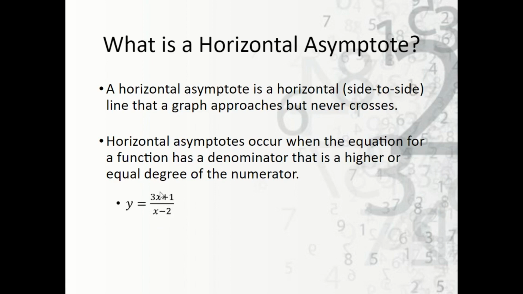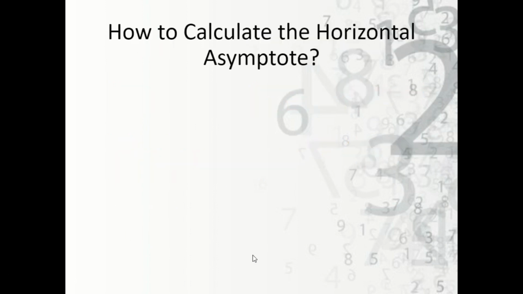Well, notice they're both degree 1, so if they're the same or the denominator has a higher degree, then we're going to end up with a horizontal asymptote. Another example would be x minus 1 over 2x squared plus 7. Well, we can see that there's a higher degree down here, so we're going to have a horizontal asymptote.